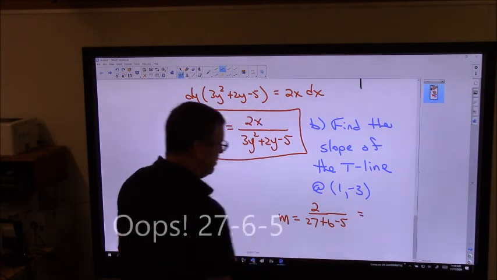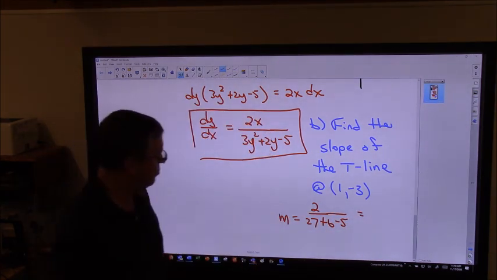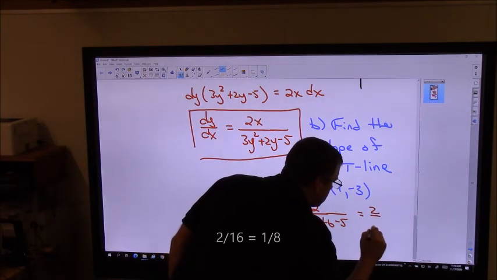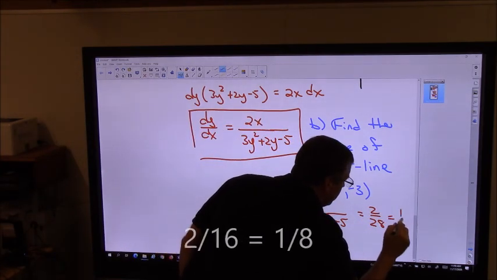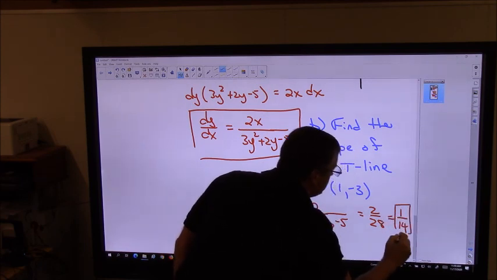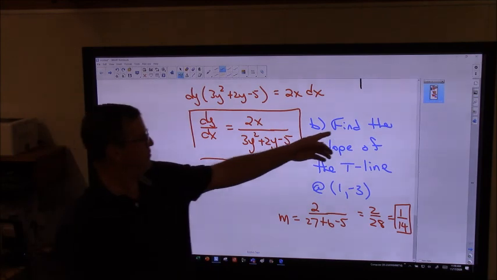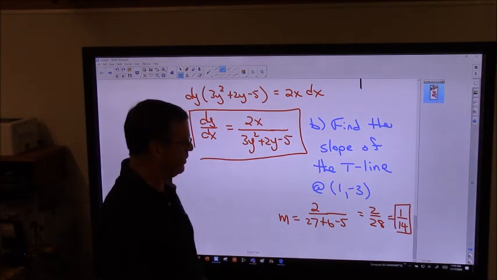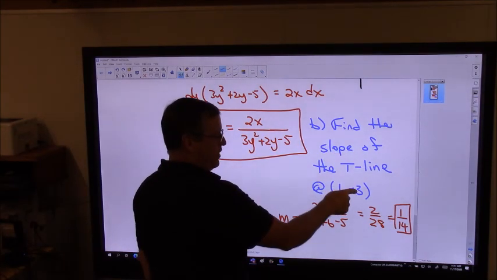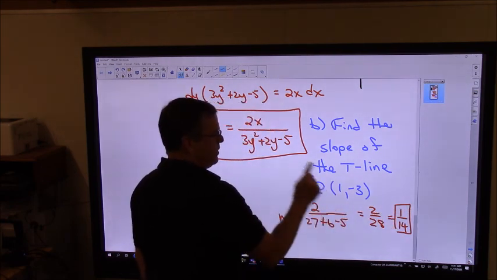And so that's going to be 2 over 28, or 1/14. There's the slope of our tangent line. And so if they would have said find the equation of the tangent line, well then I've got y minus the y value equals the slope times x minus the x value.